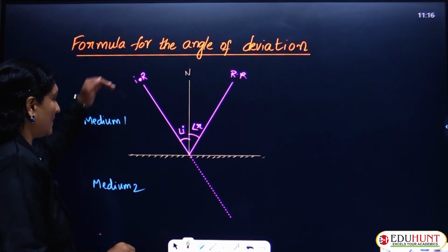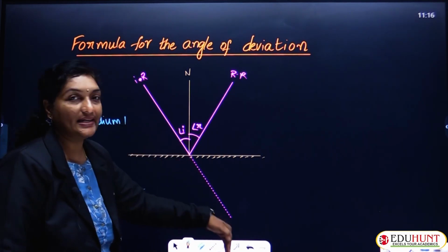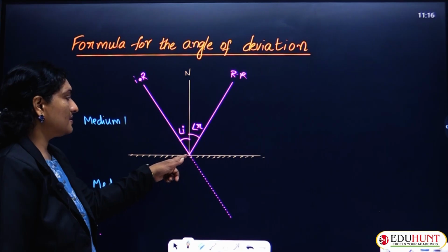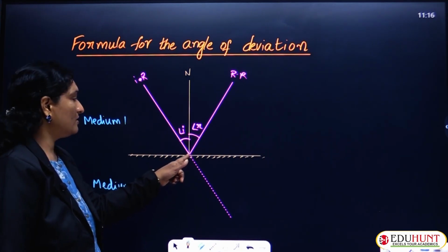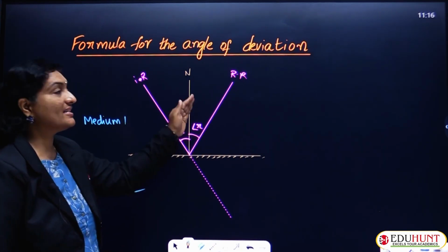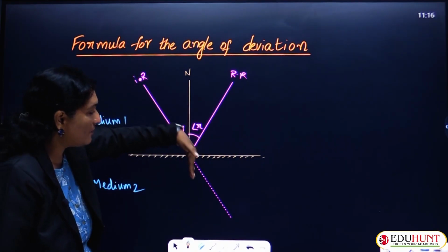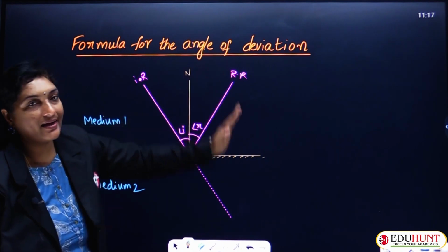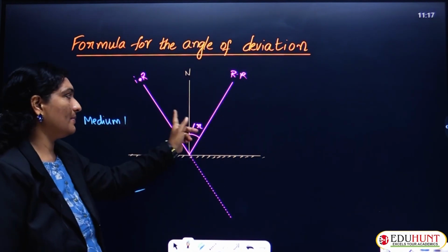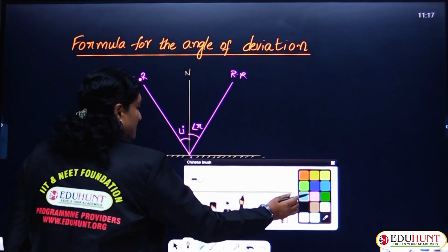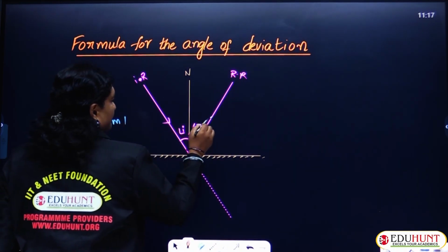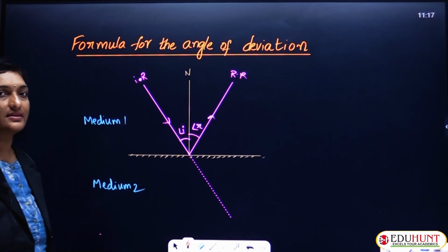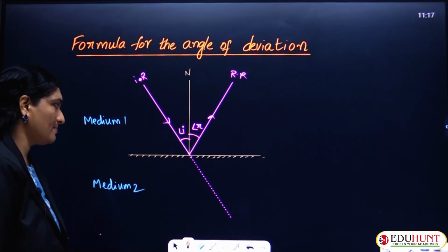So this light ray, instead of traveling straight ahead into the second medium, at the point of incidence, deviates its path and reflects back into the same medium. Actually, it has to go straight ahead. As the medium changes, it is reflected back.